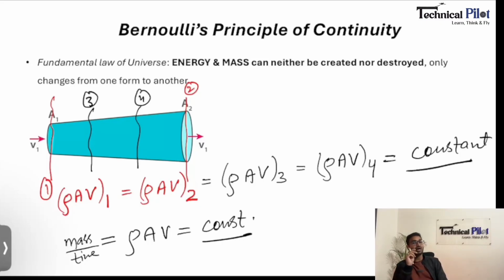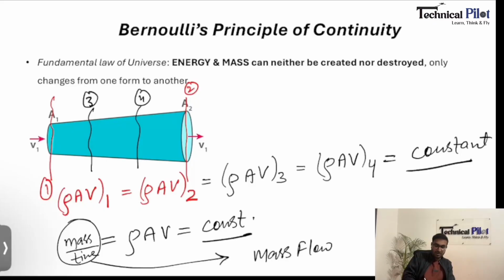What was it originally? Mass per unit time. That means mass per unit time at each and every section is constant. This is called mass flow rate is constant. I can make the statement: along a tube, mass flow rate is constant.